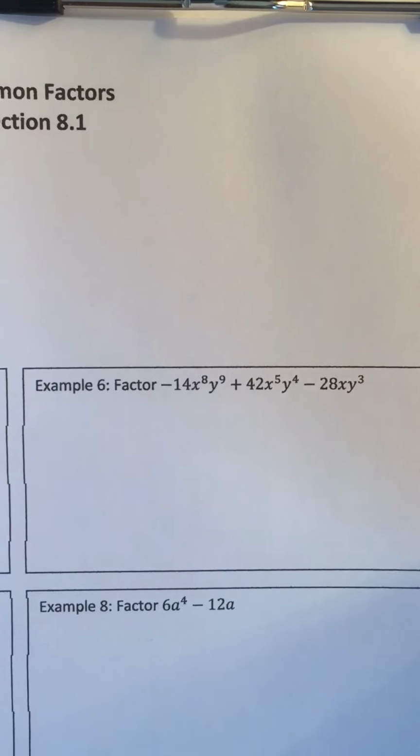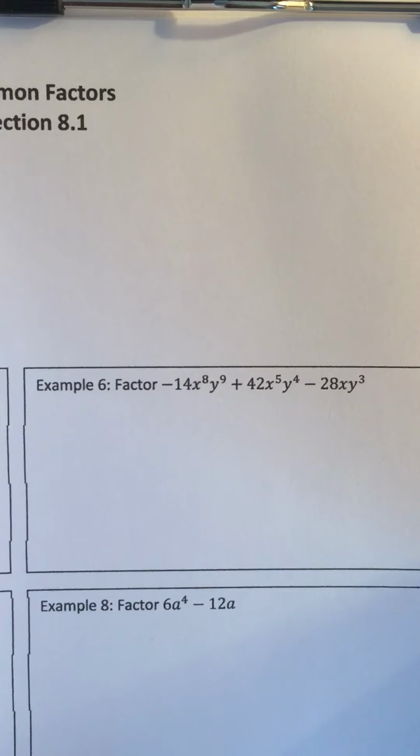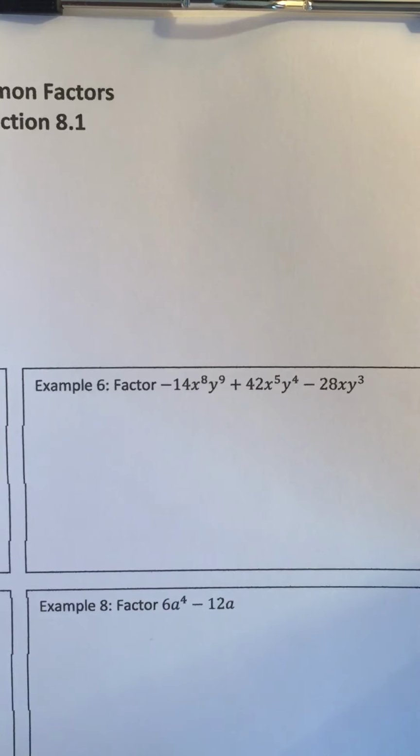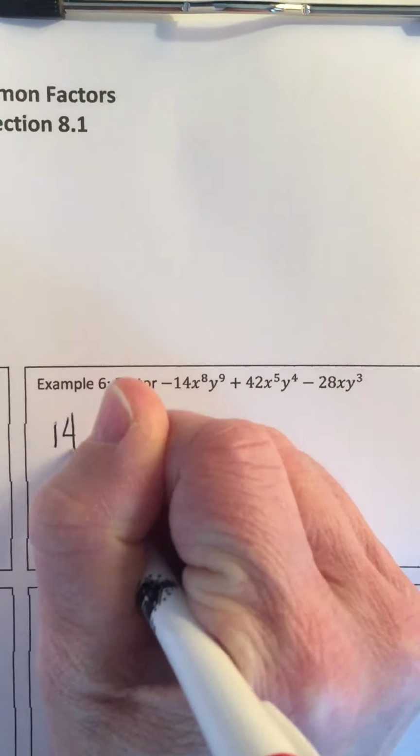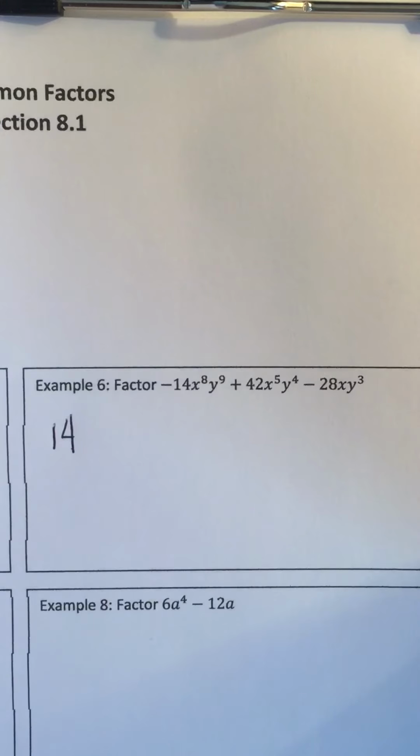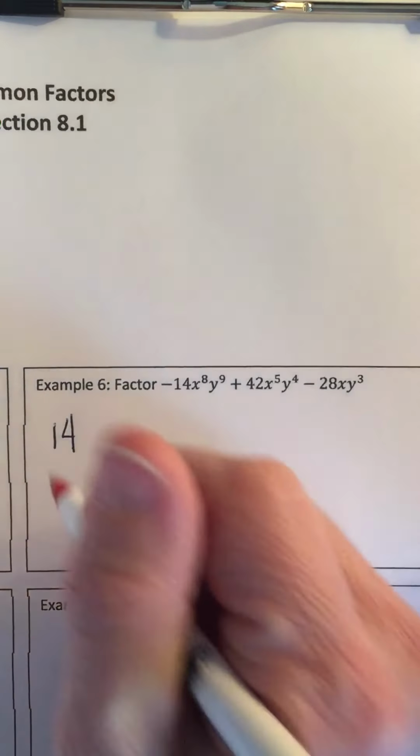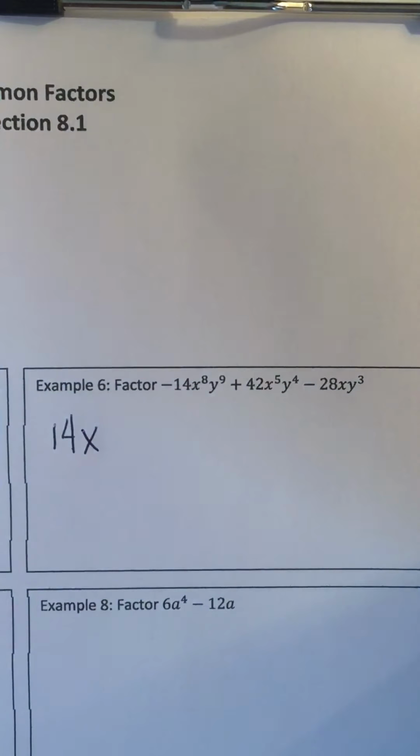Example 6. The greatest common factor of 14, 42, and 28 is 14. Look at the variables. The largest x that they each have is an x.